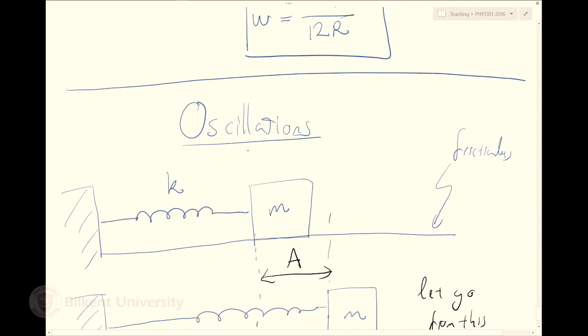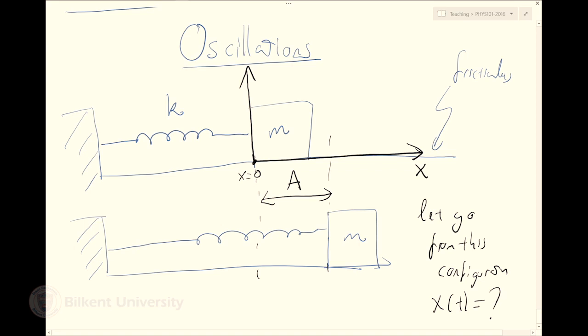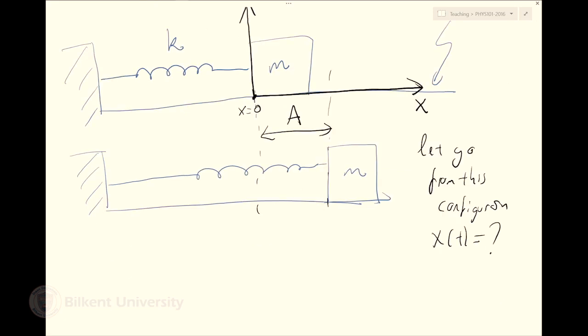Let me choose my coordinate axis. Let's say that's my x, and x is equal to 0 exactly at the equilibrium point, exactly at the relaxed length of the spring.